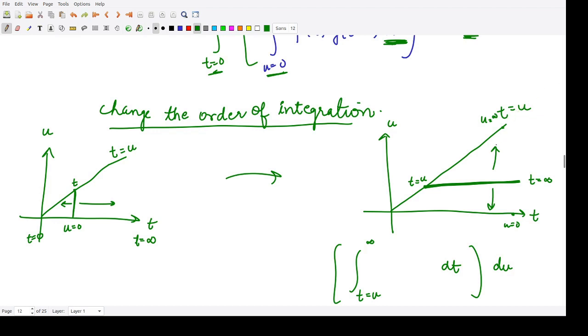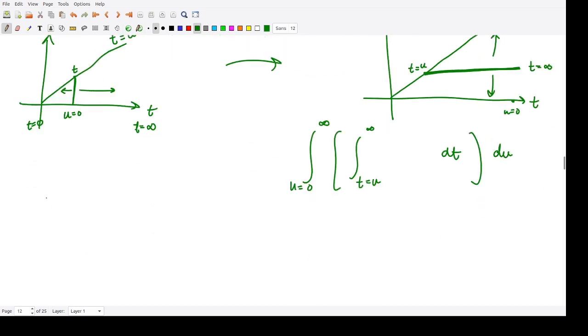Accordingly, the limits of u would be u varying from 0 to infinity. Previously we had the limits of u varying from 0 to t du and the limits of t varying from 0 to infinity dt.